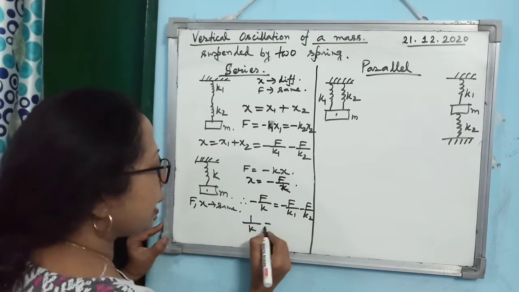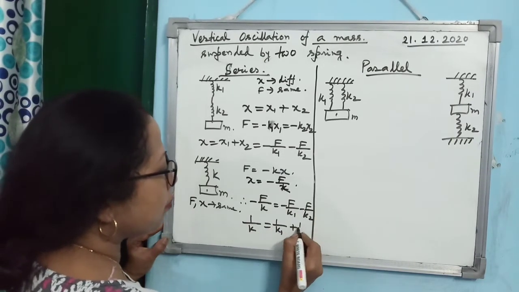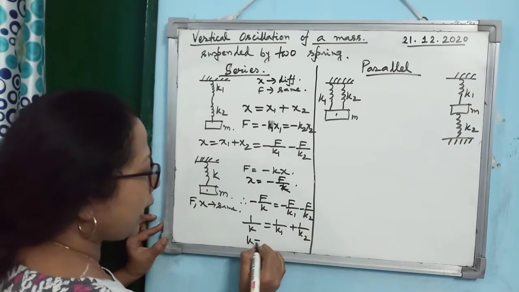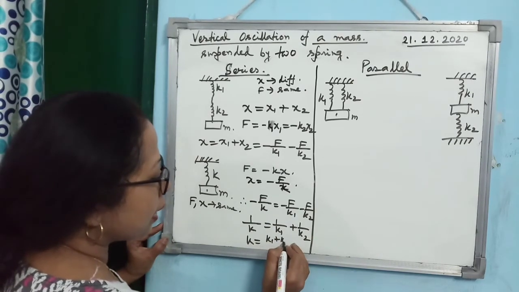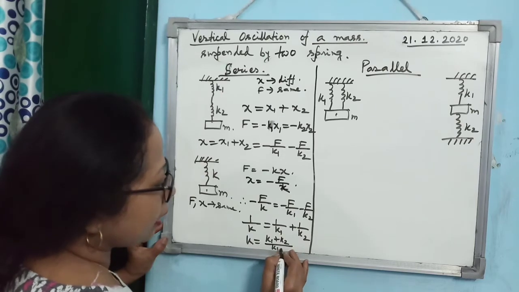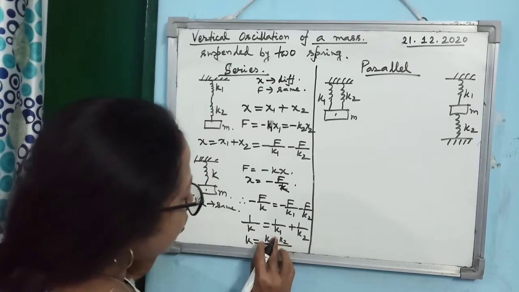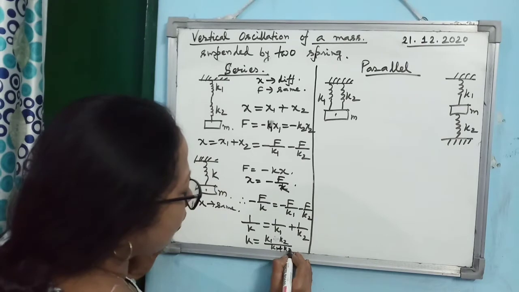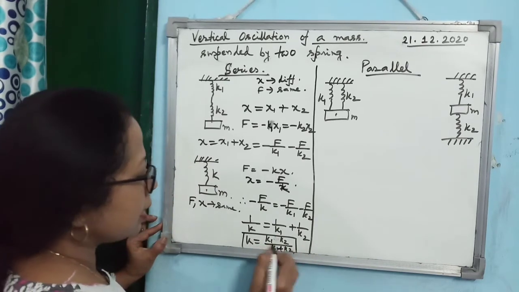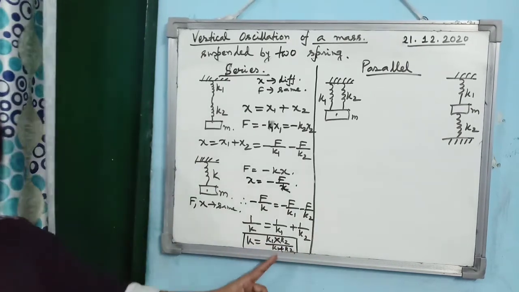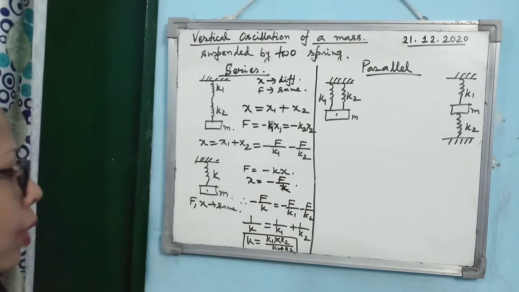So 1 by k is equal to 1 by k1 plus 1 by k2. So k is equal to k1 into k2 divided by k1 plus k2. Is that clear? So this is the same relation as you have got for the horizontal spring.